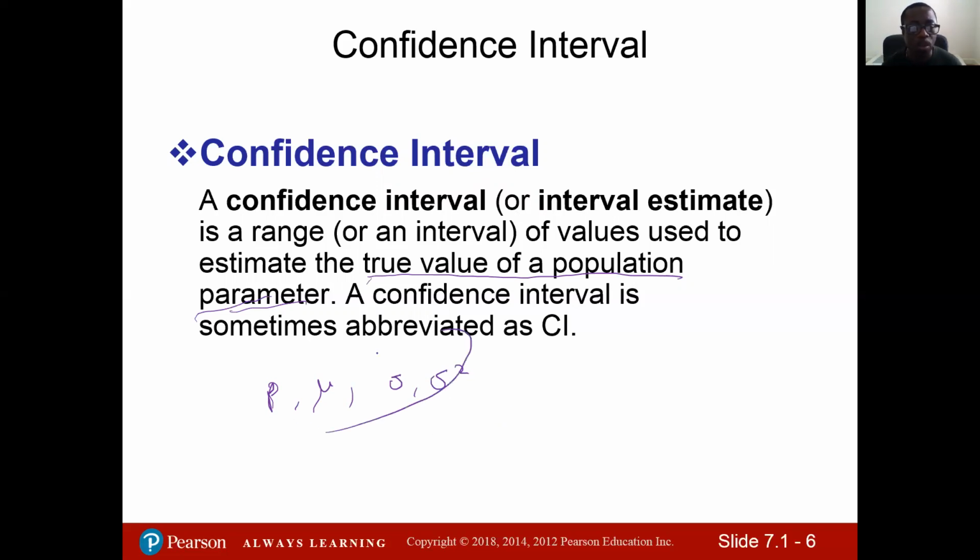These are what we call the parameters. If I'm given a sample and I estimate, I want to know the parameter, which is always difficult to find. We want to give an interval for it, and that interval is what we call the confidence interval.